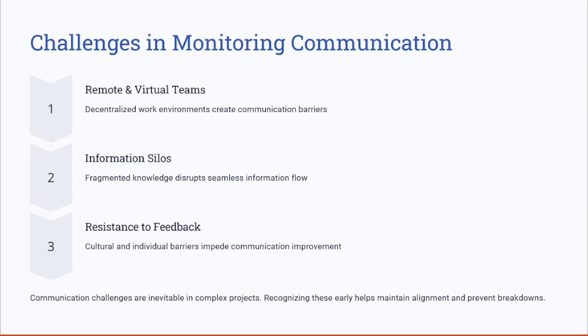By motivating these stakeholders to acknowledge your messages, you enhance two-way communication, and you motivate them to have two-way communication to avoid having information silos. Sometimes you might also face resistance to feedback, which is like stakeholders who are unwilling to change their communication habits.